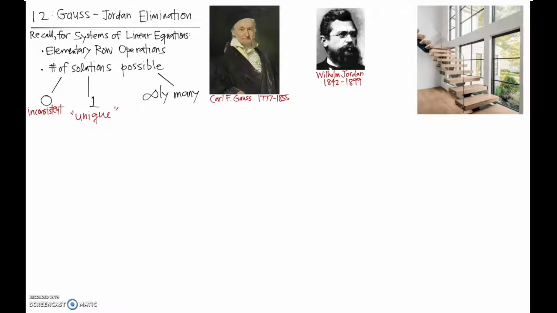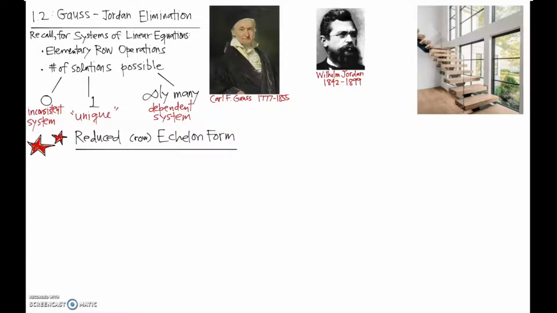So you'll see that word: inconsistent system. And if there are many solutions to a system of equations, then that's sometimes called a dependent system. So when you see these words, they're all talking about the types of solutions possible for a system.